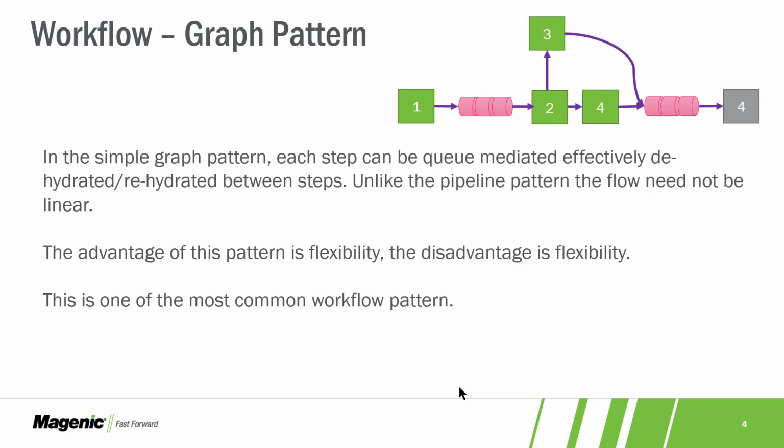In a generic graph pattern, we have a number of workflow steps that potentially have branching in them. If it's this, then go do this other step first, or whatever. And typically those are more successful when they are queue moderated or moderated by some sort of dehydration, rehydration, for a couple of reasons.